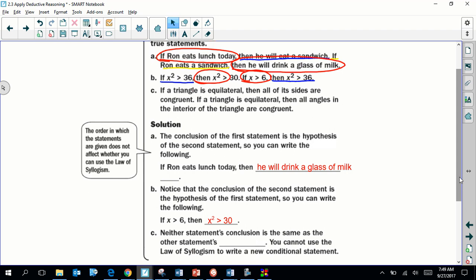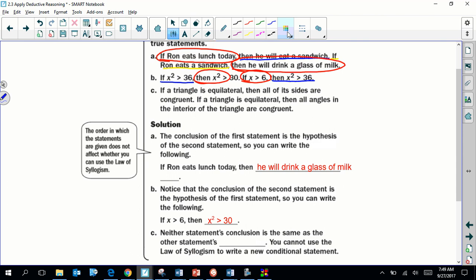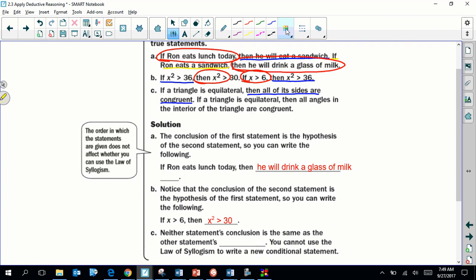Now, looking at the last example, C, we again have two conditional statements. The first says if a triangle is equilateral, then all of its sides are congruent. So there is one conclusion. The next one says if a triangle is equilateral, then all of the interior angles of the triangle are congruent.